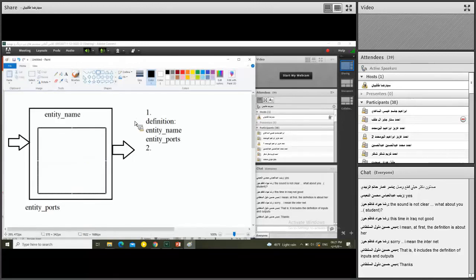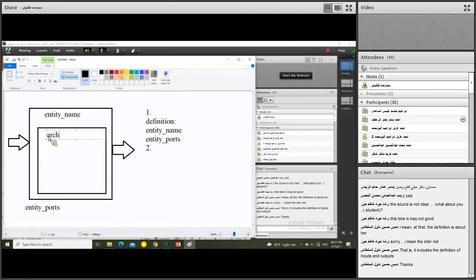Then after the entity, we have a special architecture here, and we must define this architecture. Really, the description of hardware means the description of this architecture. And each architecture has a special name and some methods for describing it.